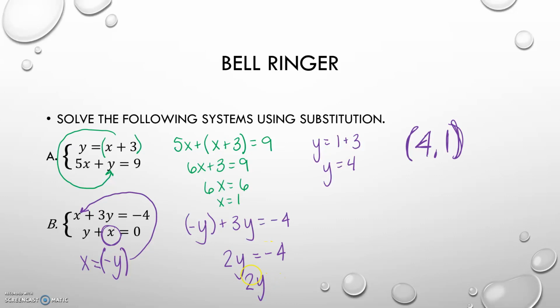Divide both sides by 2, and we get y equals negative 2. Then I can take that negative 2 and plug it into one of the originals. I'm going to plug it into this one. Negative 2 plus x equals 0. Add 2 to both sides, we get x equals 2.